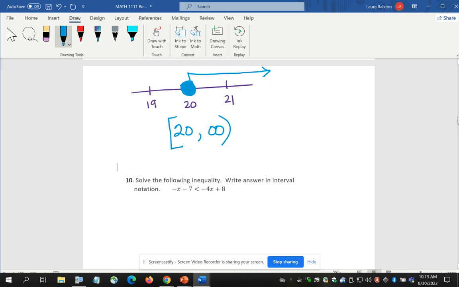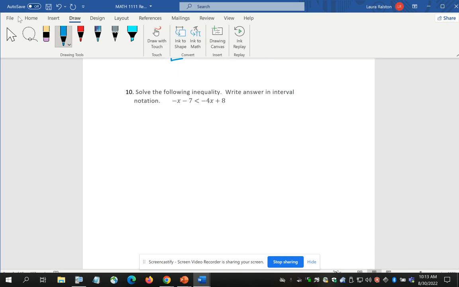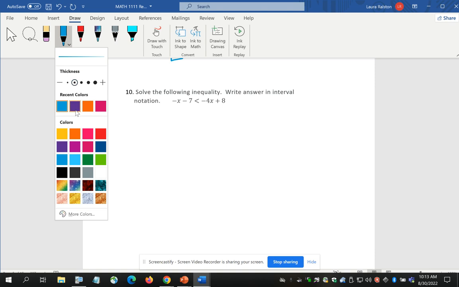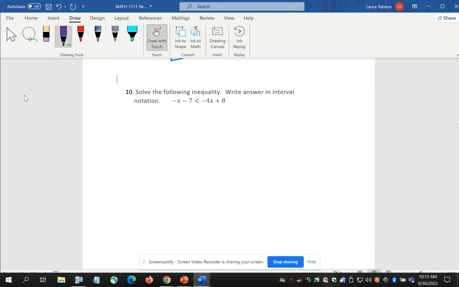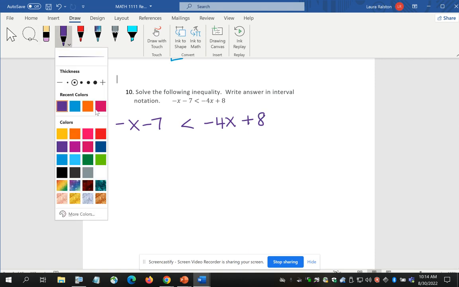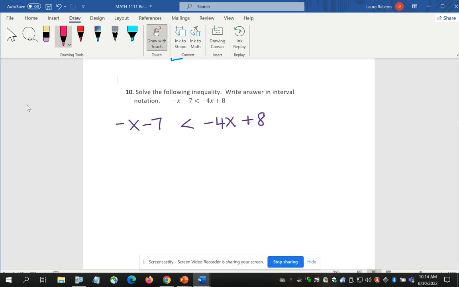All right. Number 10 says solve the following inequality. So again, we start with an inequality. We have negative x minus 7 is less than negative 4x plus 8. Again, we need to try to get all of the variables together on one side and all of the constants together on the other side. Again, I tend to put the letters or the variables on the left. So I'm going to add 4x.